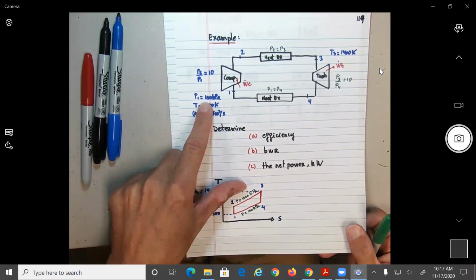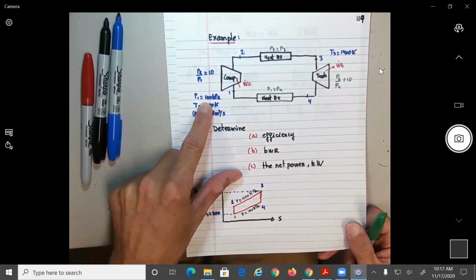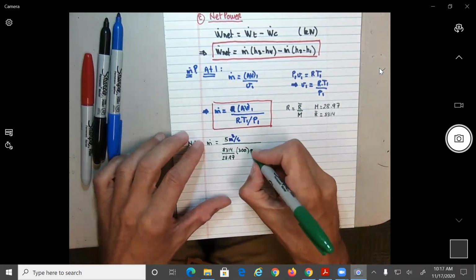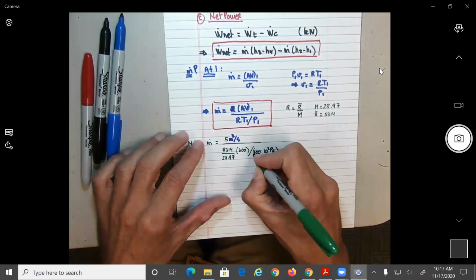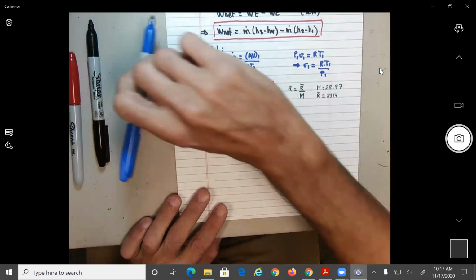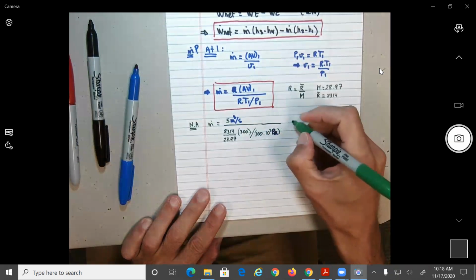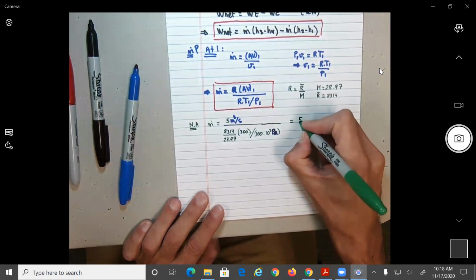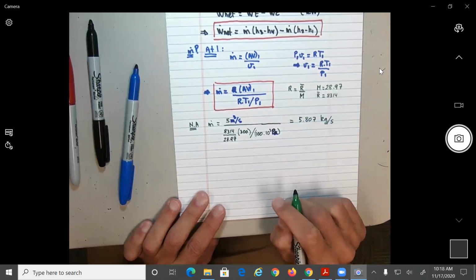And now P is given to us in kilopascals. So let's just move it, so it would be divided by 110 times 10 to the 3 pascals. And when I look at the solution, that gives 5.807 kilograms per second.